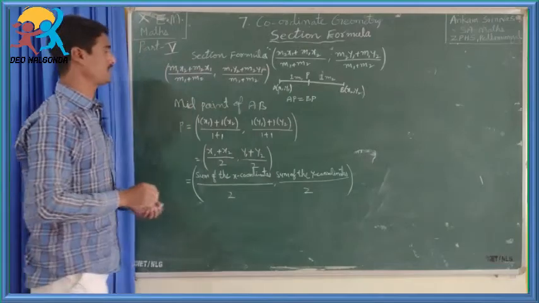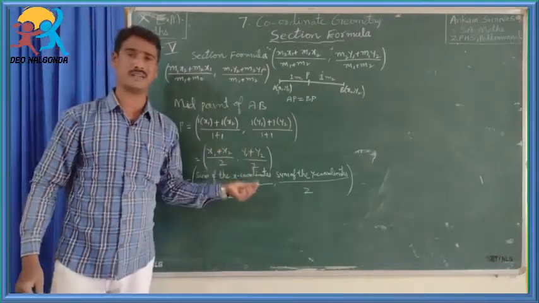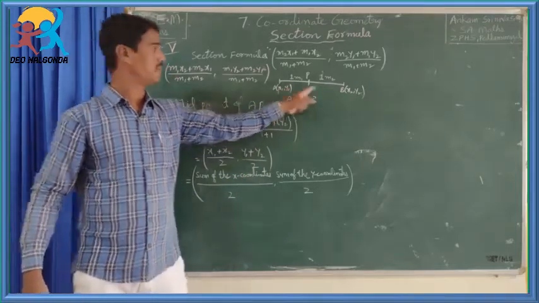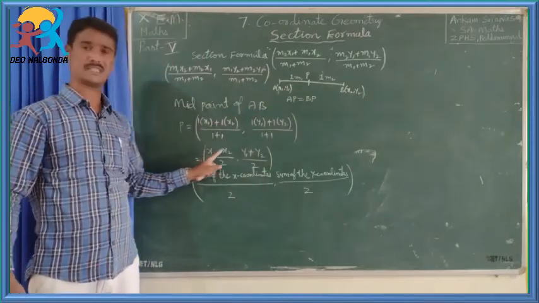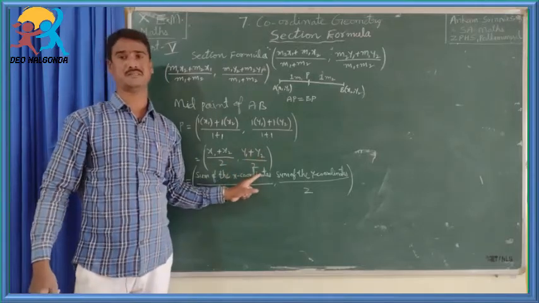This is the midpoint formula. The midpoint of the line segment joining A x1 y1 and B x2 y2 is x1 plus x2 by 2 and y1 plus y2 by 2.